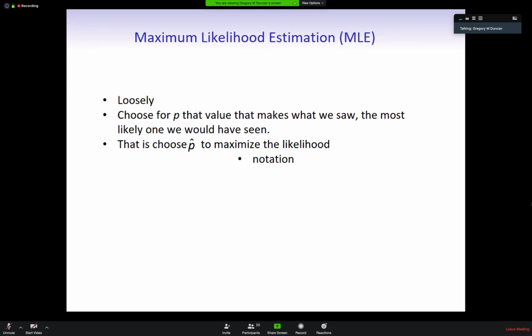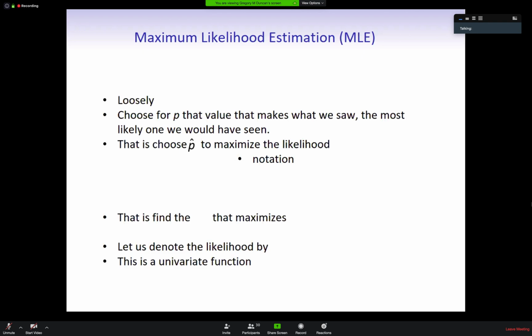Notation. Here's our likelihood. If we knew what P was, this is the probability we saw Y1, Y2, Y3, Y4 up to Yn.